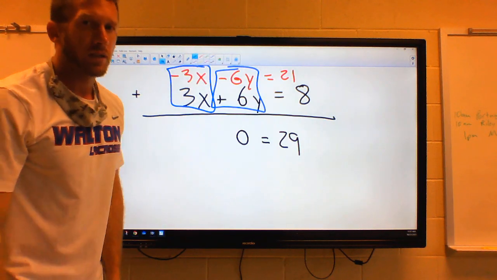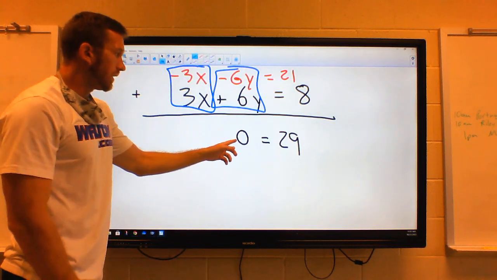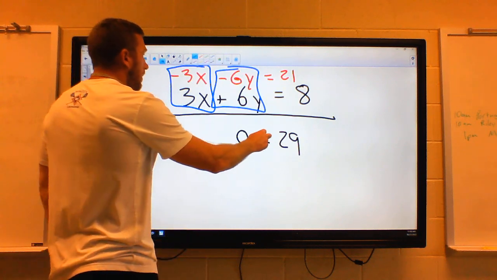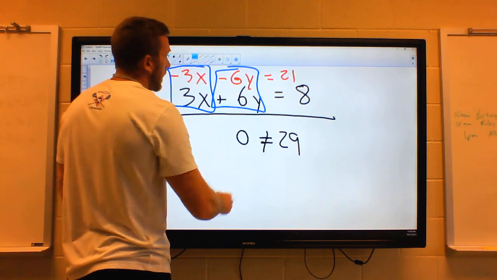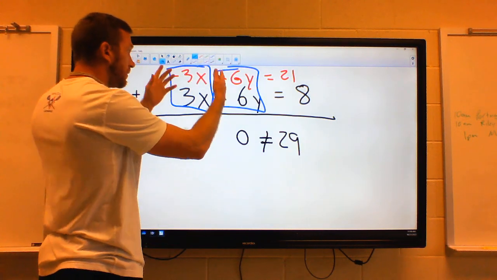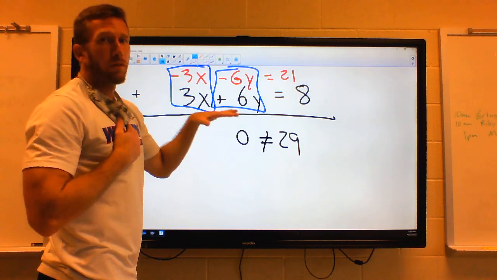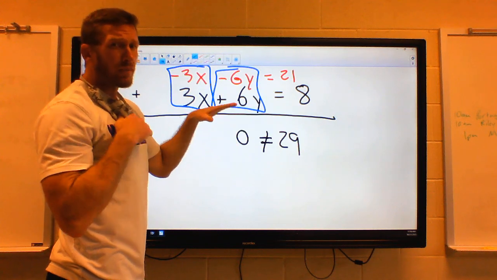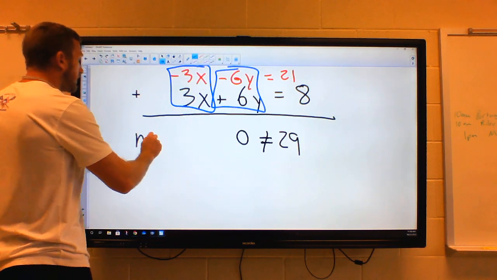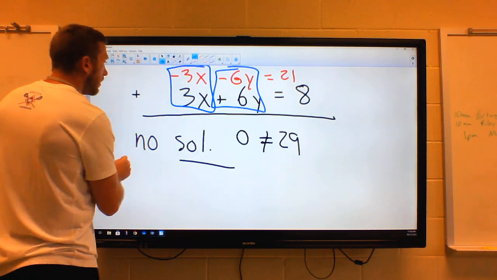Well, this is a crazy statement. When does 0 equal 29? Never. 0 never equals 29. They're not equal. In fact, it's not true. We have produced an always false statement. And if we have an always false statement, that means that there is no solution.